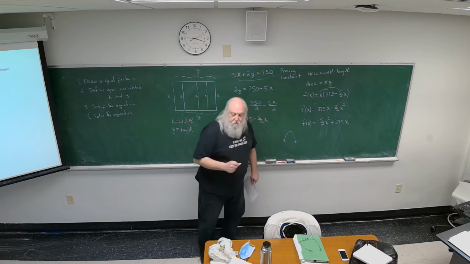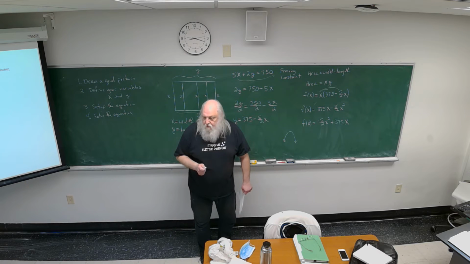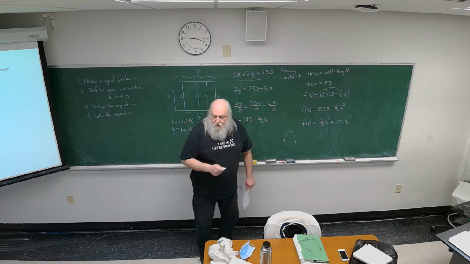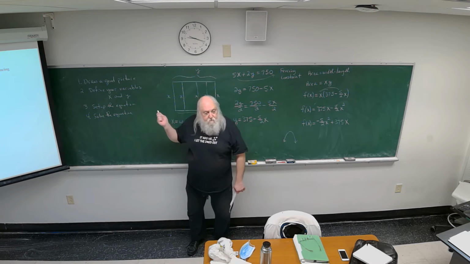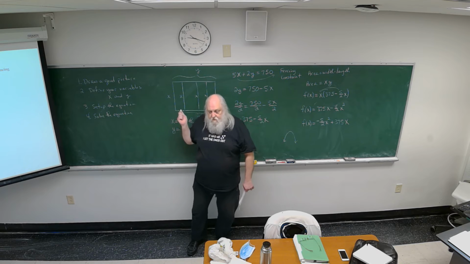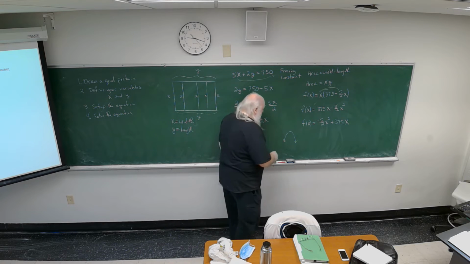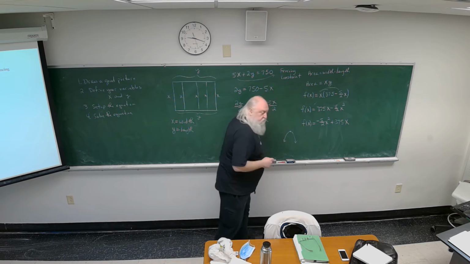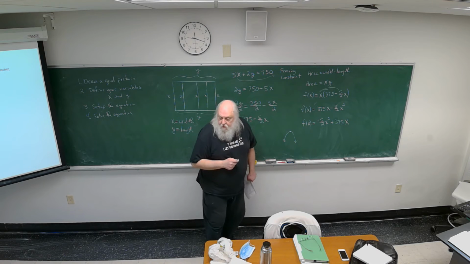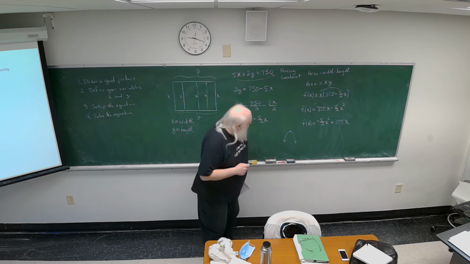Does it have a maximum value or minimum value? So we can find the value of x, the width of the rectangle, that optimizes the area. Okay? So there is a value of x that gives us maximum area. There's a width that gives us maximum area.